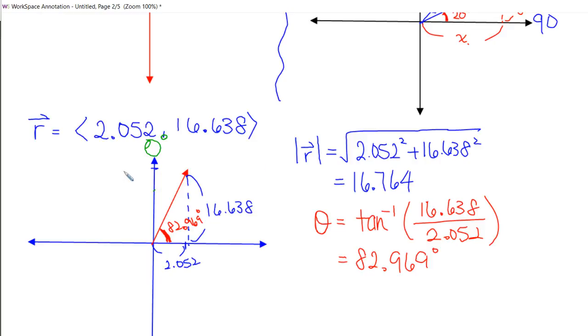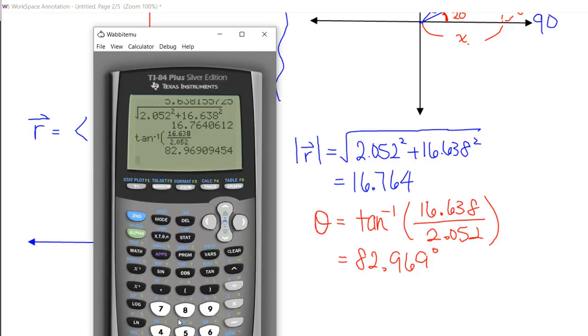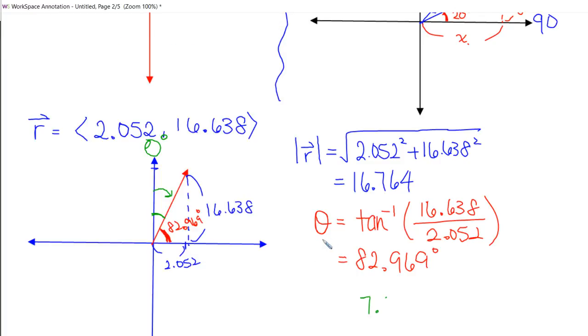So in order for us to get that degree from here to here, we'll have to do 90, which is the whole square, minus 82.969. So 90 minus that will give us 7.031 degrees.